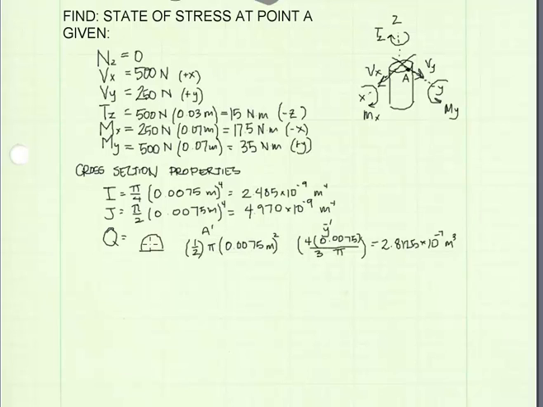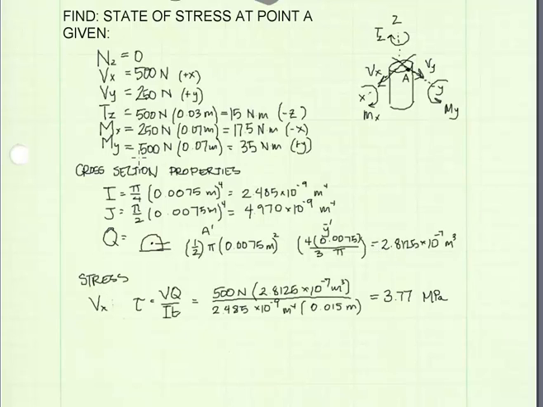Y bar prime is the distance from the centroid of that semicircle to its base, and that's equal to 4 times the radius divided by 3 pi. You can find that in reference materials for section properties of various shapes. And that gives us a Q value of 2.8125 times 10 to the negative 7th meters cubed.